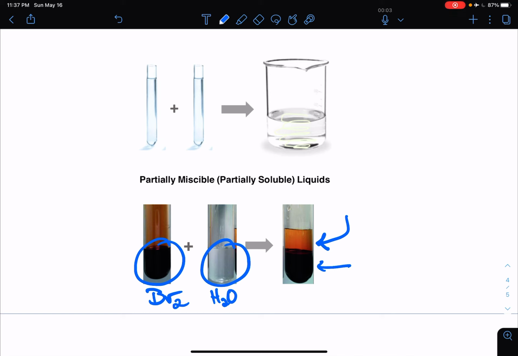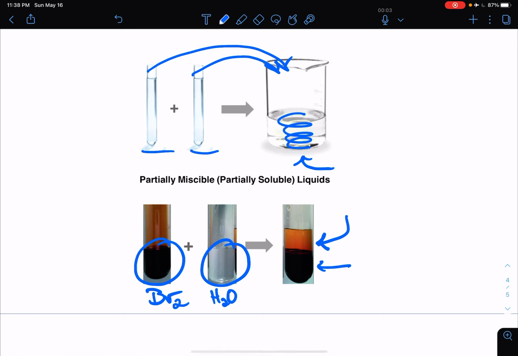All right, so what happens when we have a couple of clear colorless substances or liquids that we put together that are partially miscible? Well, we're going to go ahead and put them in the beaker together. And just in case you can't see it, what I've drawn is kind of a yellowy swirly thing in that solution right there. And if I draw it in blue, it doesn't look as good when it's in blue.